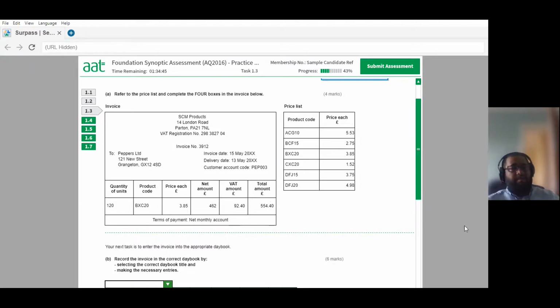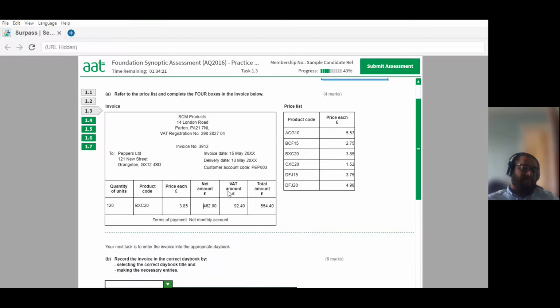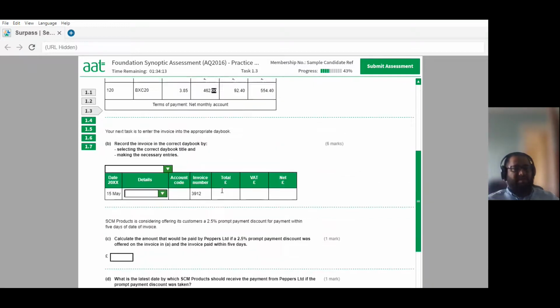So it is going to be £554.40. Also you'll notice I have put the decimals here, because all the other figures have come with decimals. So it's more appropriate to use decimals where possible, even though they haven't specifically said that. You may be fine doing it without the decimals here, but it is more appropriate to use them.